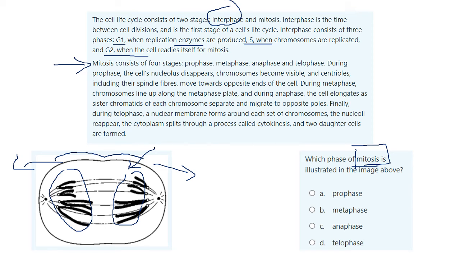So it looks like it's starting to separate, it's starting to elongate. So this is not the first stage, it's not prophase when the nucleus disappears and the chromosomes become visible. During metaphase, the chromosomes line up along the center of the metaphase plate. They are not in the center. They've already finished lining up in the center. So it's not prophase and it's not going to be metaphase either.